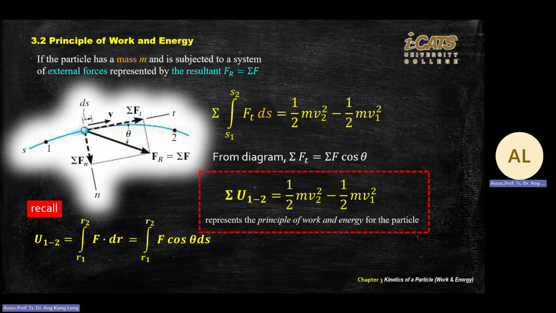This one gets 1 to 2 marks if you write it out. And this is the principle of work and energy. So if the question gives you hints by using principle of work and energy, you write this equation. On the left-hand side is work, right-hand side is energy.